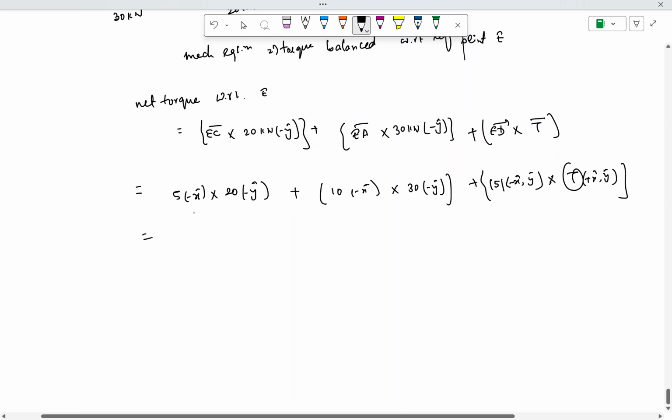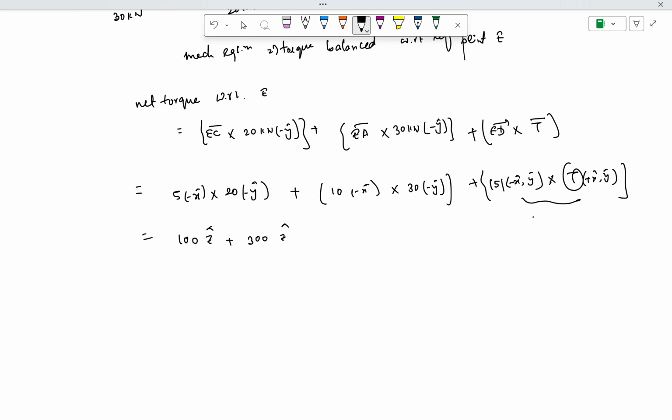Now this minus and minus cancel out, and x cap cross y cap is plus z cap. So 20 into 5 is 100 plus z cap. Then again plus z cap, so 10 into 30 is 300 plus z cap. And then this direction is giving you minus z cap, so this is minus 5T z cap.